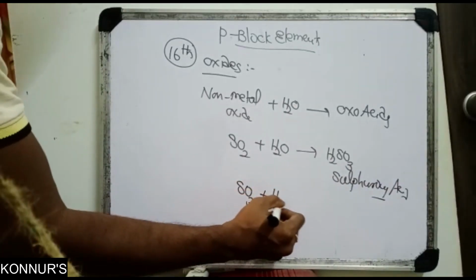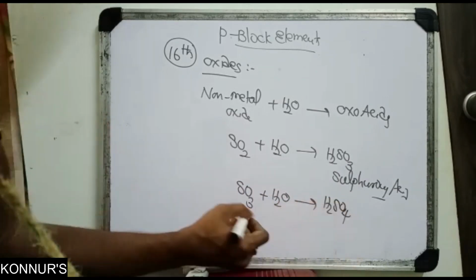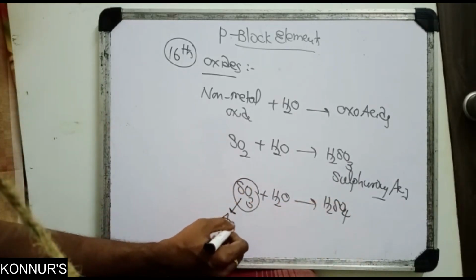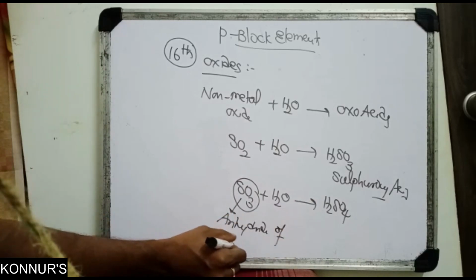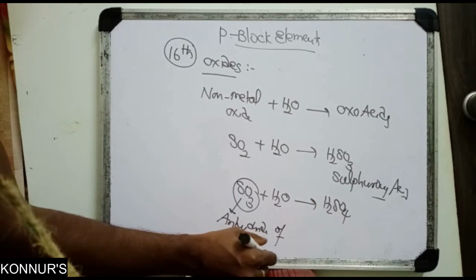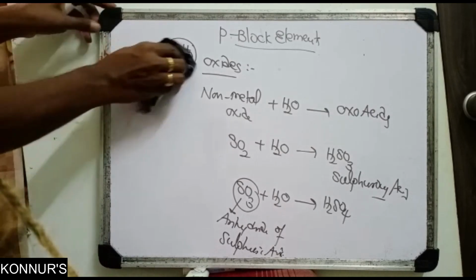SO3 plus water, you are getting H2SO4, sulfuric acid. SO3 you call the anhydride of sulfuric acid.